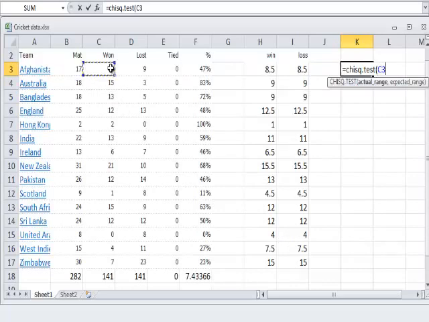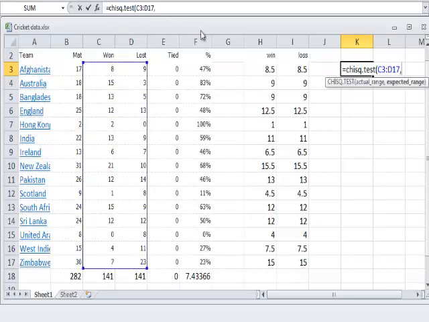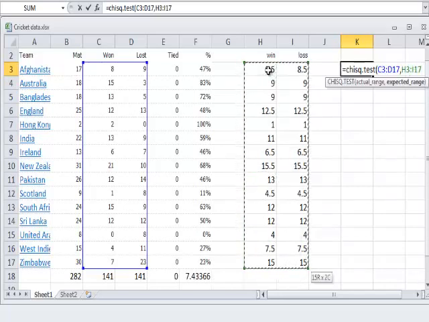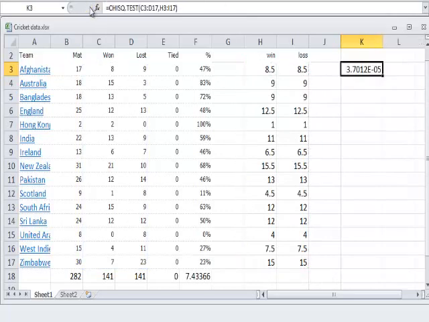So we take the wins and losses. This is the actual range, and this is the expected range. I'm taking this shortcut because I assume everybody knows.